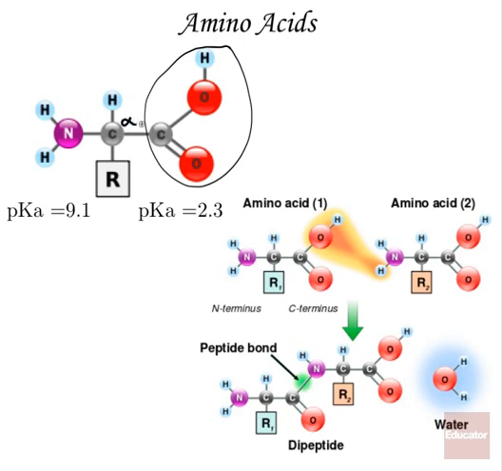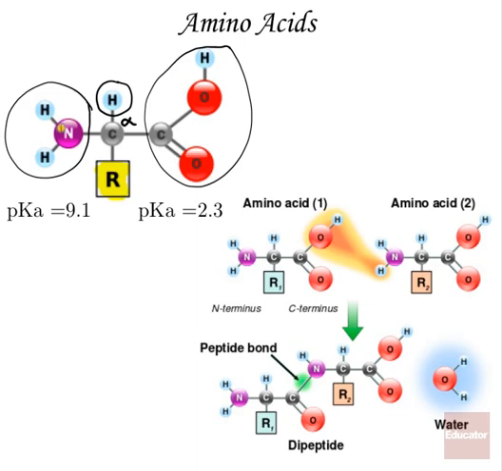Then bound to the alpha carbon is our amino group. Now, the alpha carbon makes its third bond with a hydrogen. And finally, its fourth bond is to something else, what we call an R group or a side chain.